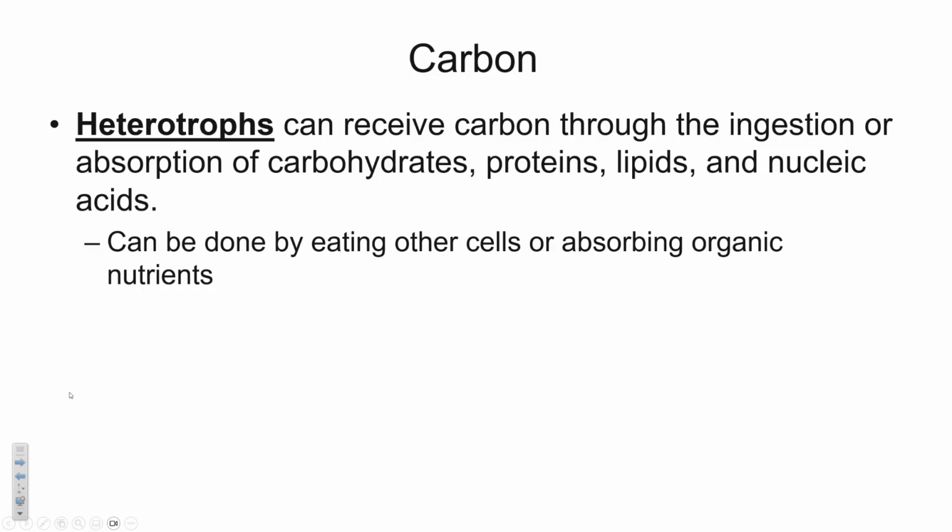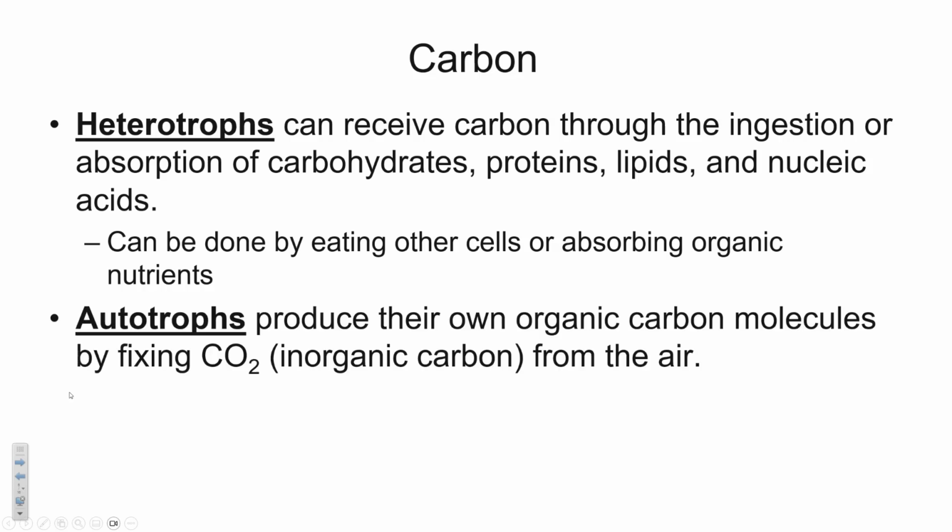So heterotrophs basically have to get their carbon from some other organism, as we just described. So this just adds to that, meaning that not only do you get the energy, but also the building blocks like carbon. Autotrophs, as I mentioned, can suck carbon dioxide directly out of the air, which is technically inorganic, and they can literally build their cellular material largely from the air as they're absorbing it.